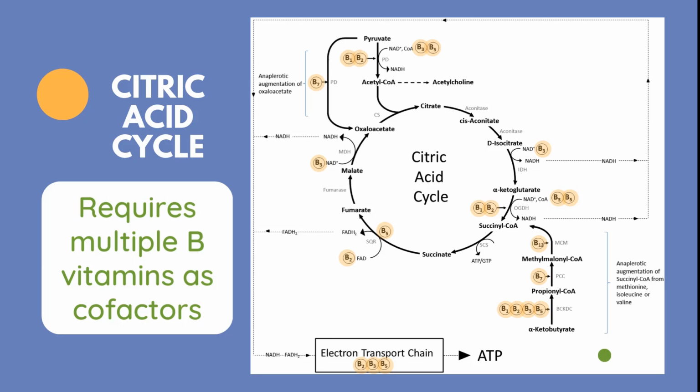And what I again want to highlight here is all those orange highlighted B vitamins all over the citric acid cycle. These are the cofactors for these enzymes that make this process work. So really important. And then, of course, you see there the hint of that electron transport chain, of course, needing B vitamins as well. And the ultimate product of energy production in the body is ATP, adenosine triphosphate.